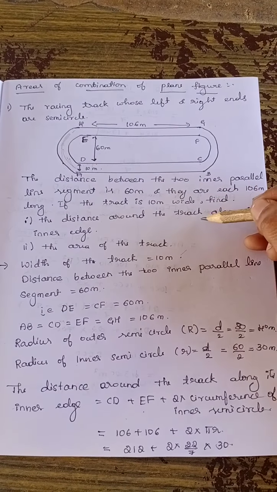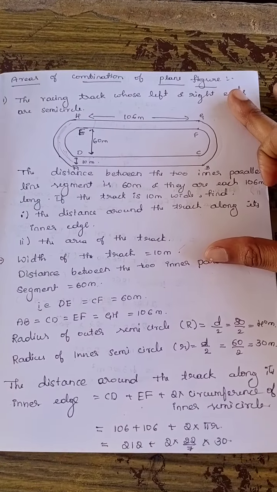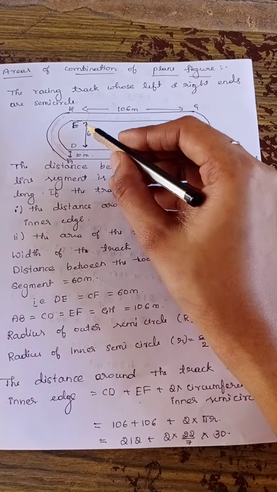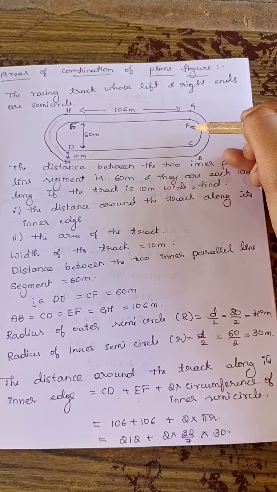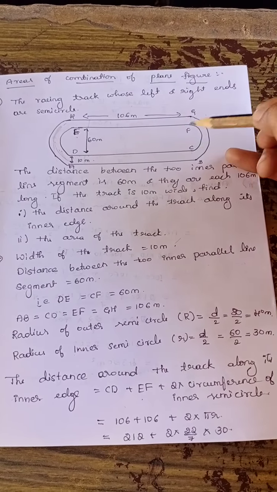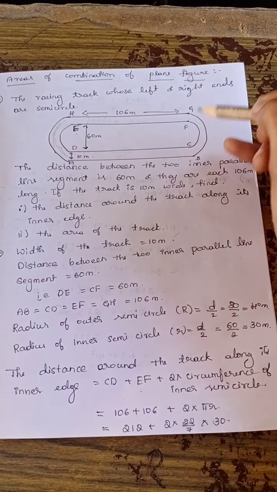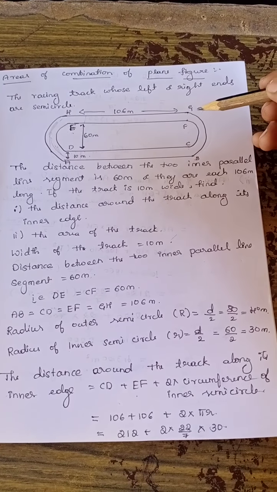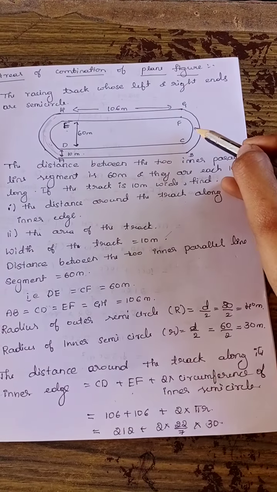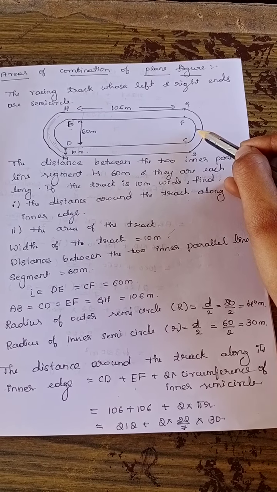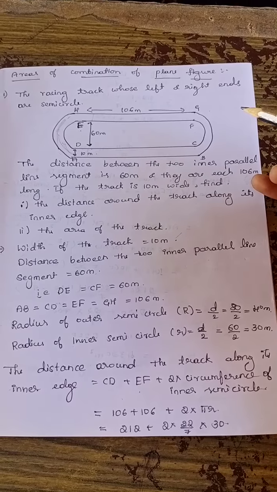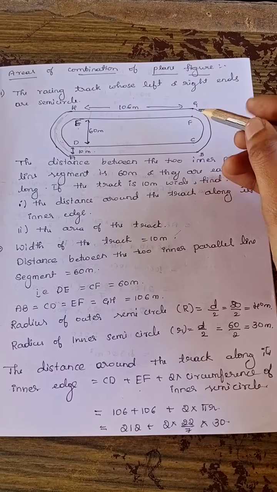Next, the first question: the distance around the track along its inner edge. For the distance we have to take EF plus DC plus 2 times the circumference of the inner semicircle. Because two semicircles are there, distance means the circumference of a semicircle.